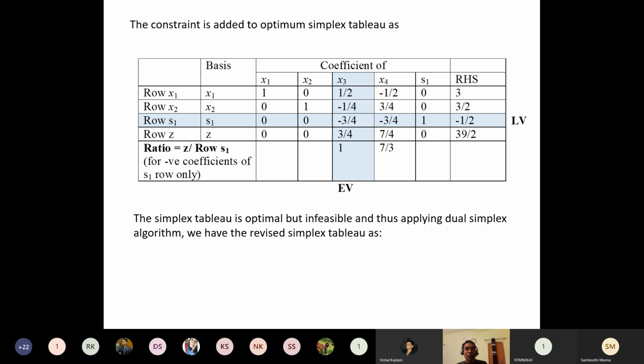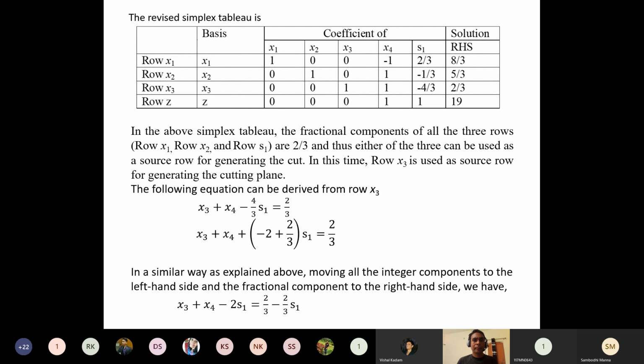In that way, we have transformed and obtained the revised simplex table. s1 is replaced by x3, and using the Gauss-Jordan transformation we obtained the solution.